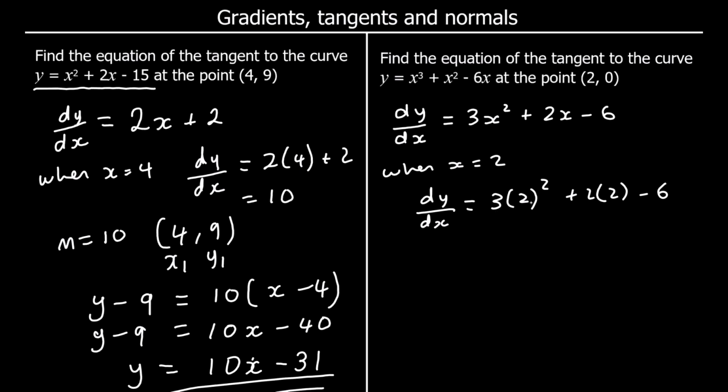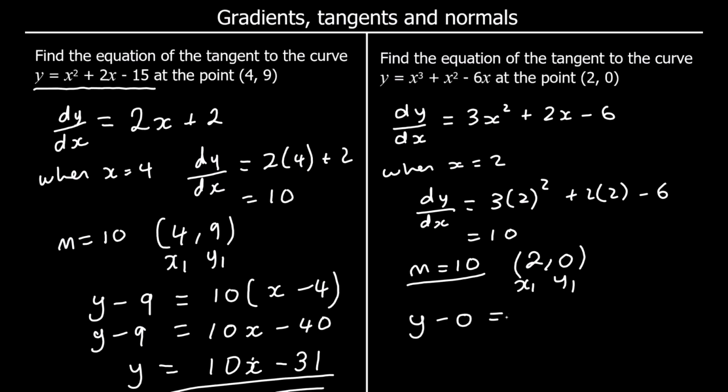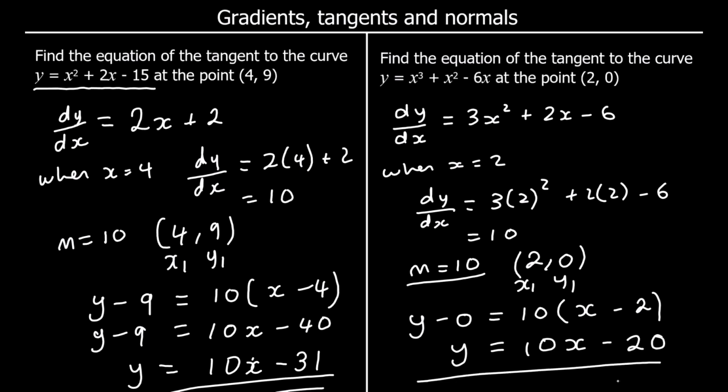So that's 3 times 4 is 12, plus 4 is 16, take away 6 is 10. So we've got a gradient of 10, and the point (2, 0), which is x1, y1. So y minus y1 equals m times x minus x1. So y is equal to 10x minus 20.